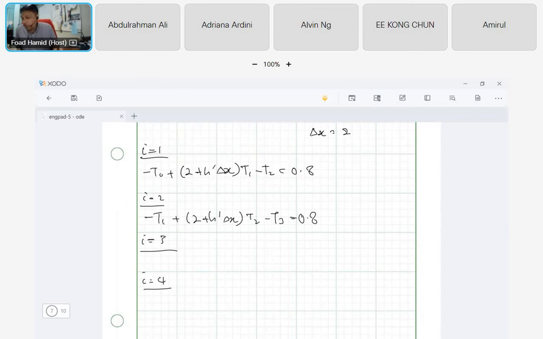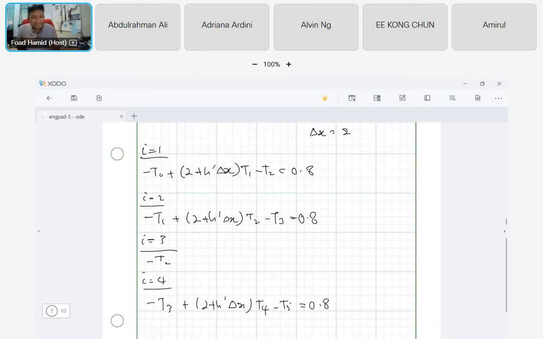If I go to i equals 4, this is minus T3 plus (2 plus h prime delta x) T4 minus T5 equal to 0.8.